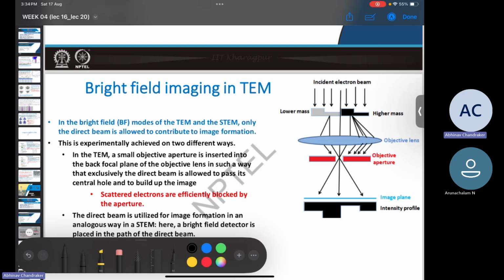Similarly, TEM also has some different modes and variations, and all of them have their own benefits. Based on our requirements, once we have understood them, we can decide what is appropriate for what we want to investigate in our specimen.